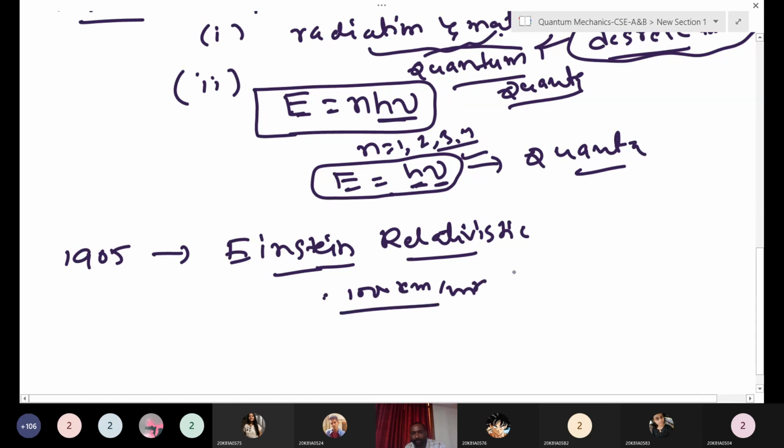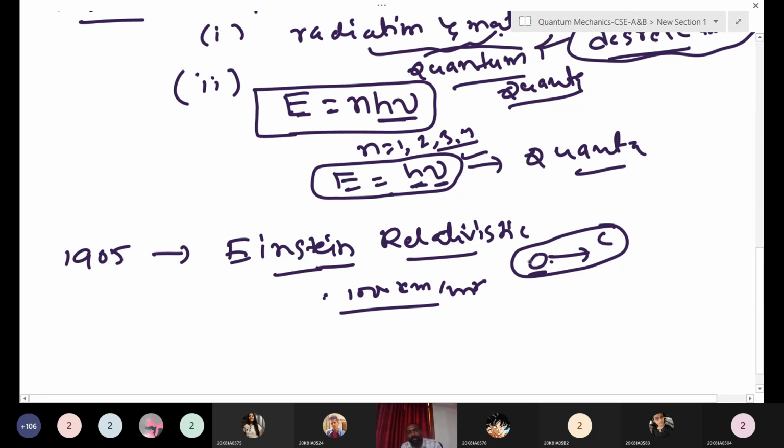If you send any object with light velocity, what happens to this object? How will the trajectory or behavior of this particle change? That is what the relativistic theory explains.